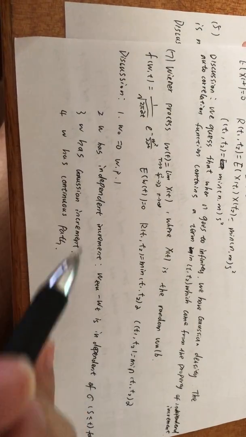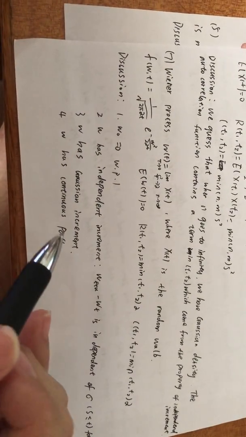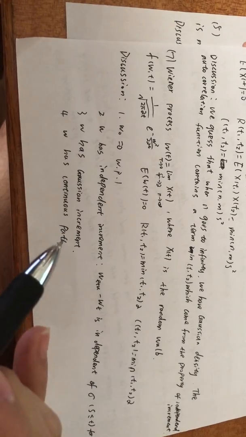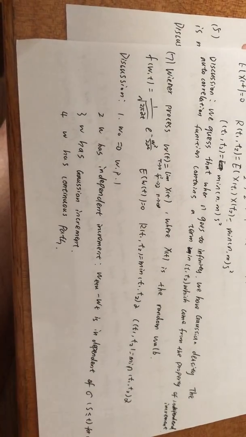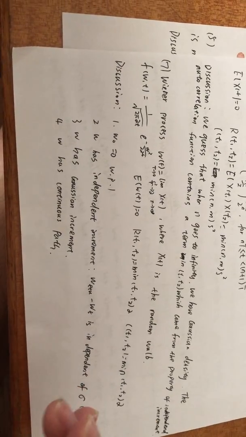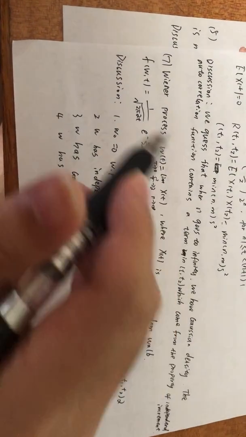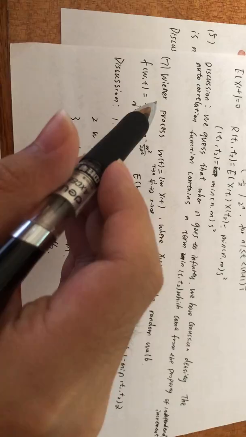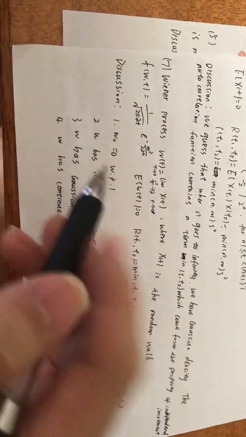The third one is that W has Gaussian increments, and W has continuous paths. These properties belong to the Wiener process, and W means W(t). That's for the first problem. Thanks.